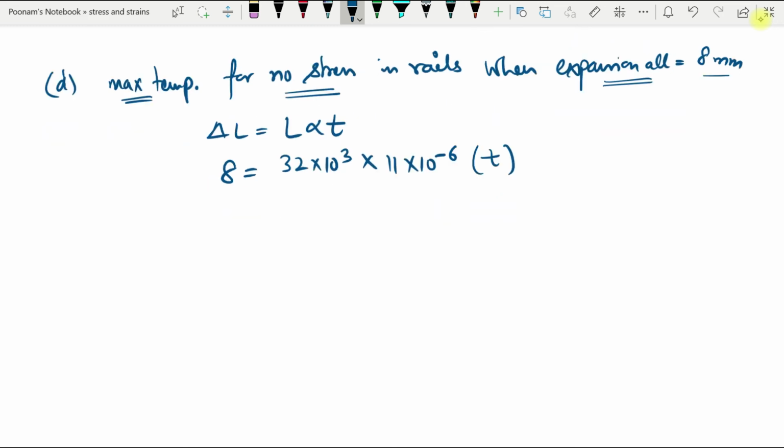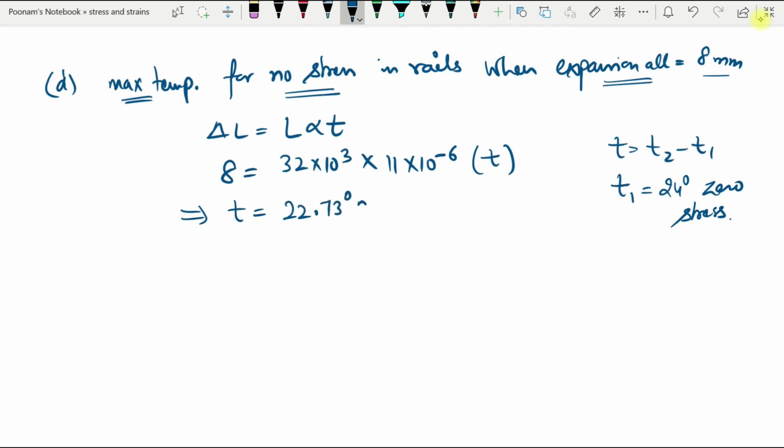So T should be T2 minus, now T is T2 minus T1, and T1 is the condition of 24 degrees Celsius with zero stress. So from here T can be calculated, and T is 22.73 degrees Celsius. Now this is nothing but T2 minus T1, so it is 22.73 degrees Celsius.